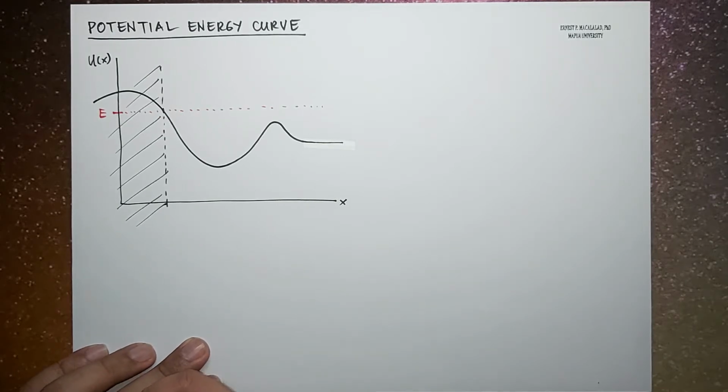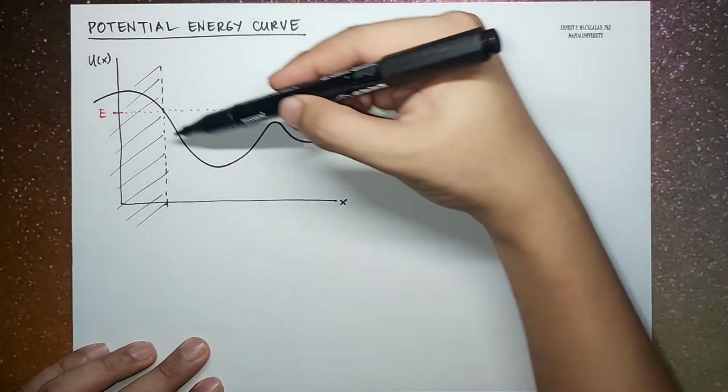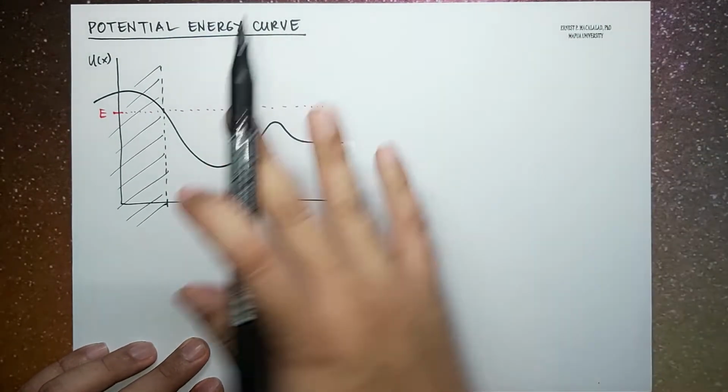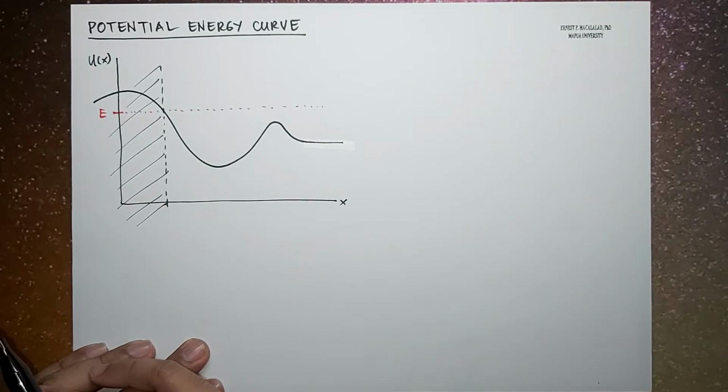Now from this figure, we can see that there are positions within this allowable region where the slope of this potential energy curve is 0.